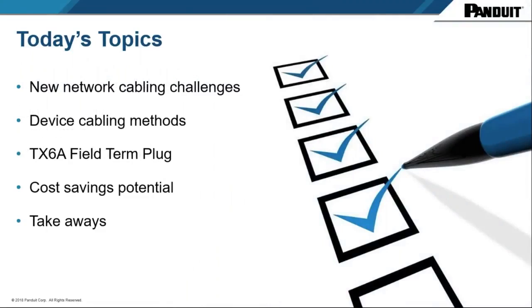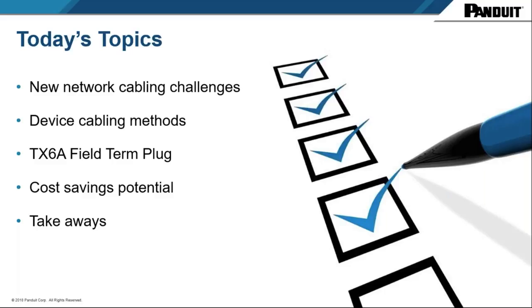So our short list of items that we'll cover today is starting with what's the need and why is there a need for some type of new connection in the system, a new type of connection in the system, that being a plug terminated in the field. So we'll look at new network cabling challenges that are in the enterprise. We'll take a look at the methods for device cabling that are available for connecting those devices.